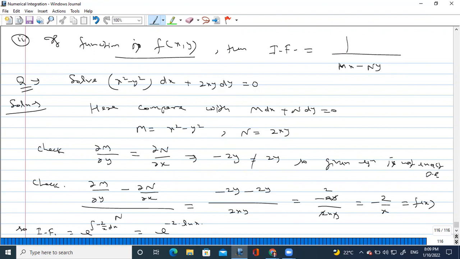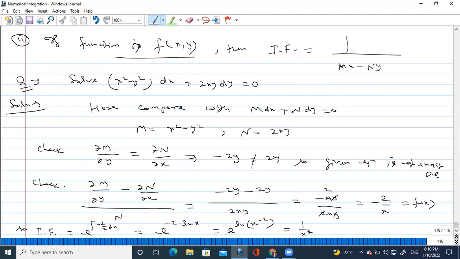The minus 2 can go on the power of x, so it will be e to the power ln x to the power minus 2. So e to the power ln will go off and it will become 1 upon x square. So 1 by x square is the integrating factor.